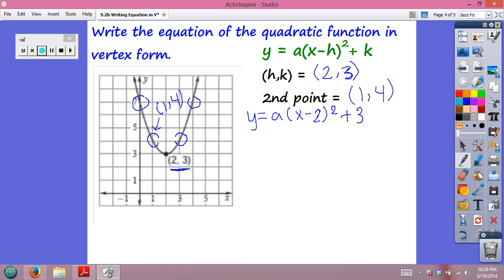The next thing we're going to do is plug in the coordinates of our second point that we picked, which is 1 and 4. So we're going to plug 1 in for our x and 4 in for our y. So we're going to get 4 equals a times (1 minus 2) squared plus 3.